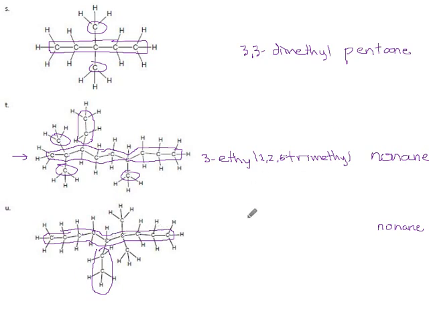Yeah, the ethyl is dead center, so it's going to be 5 ethyl no matter which way we count. How about the methyl? 1, 2, 3, 4 if we go from this side, or it's going to be like 6 from the other side. So 4, 4 dimethyl nonane.